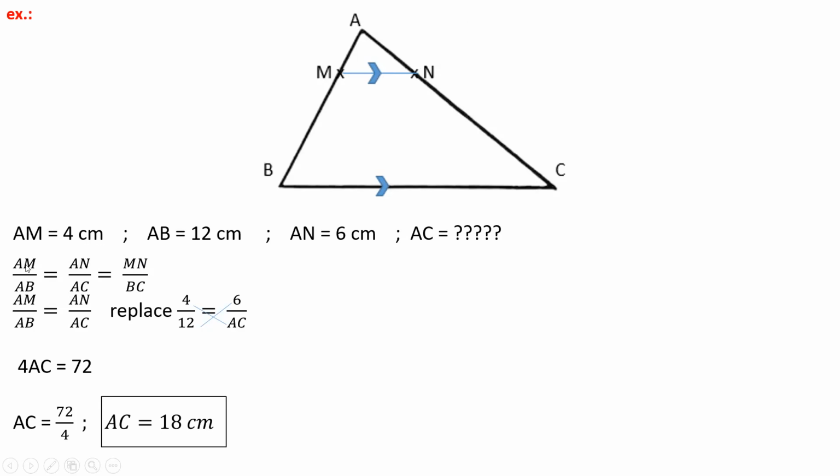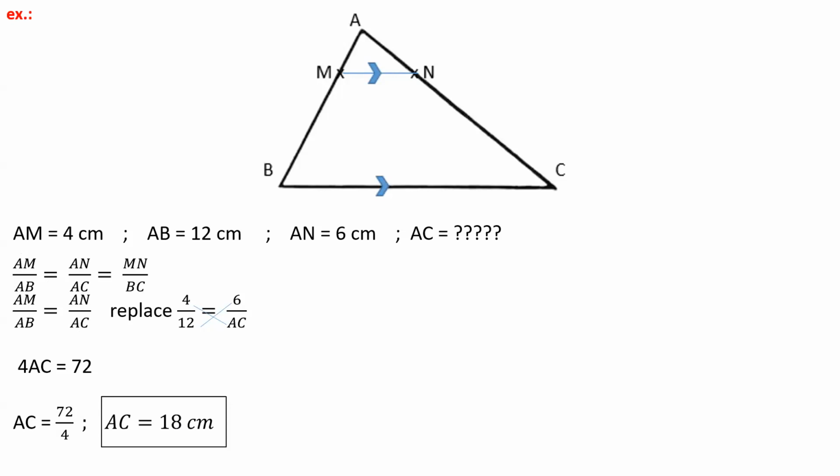I'm given AM and AB, so I take the first two ratios together: AM over AB is equal to AN over AC. Now I replace the given measures, then I get a fractional equation. I do the cross multiplication: 4AC is equal to 72. So AC is equal to 72 over 4, which is 18 centimeters.